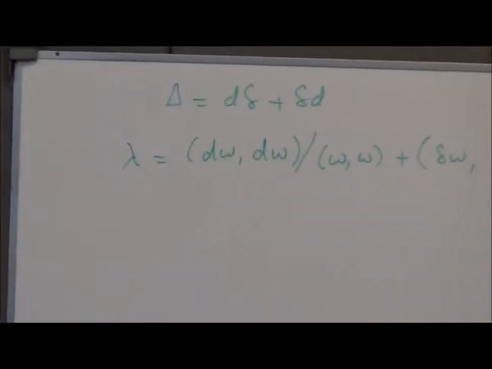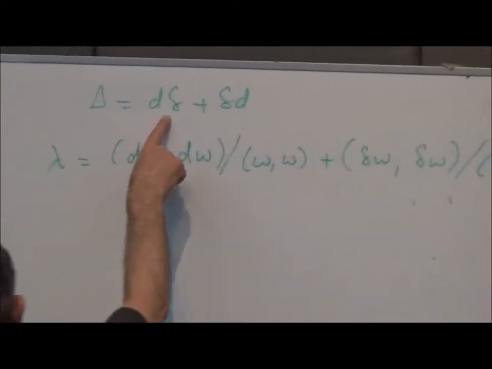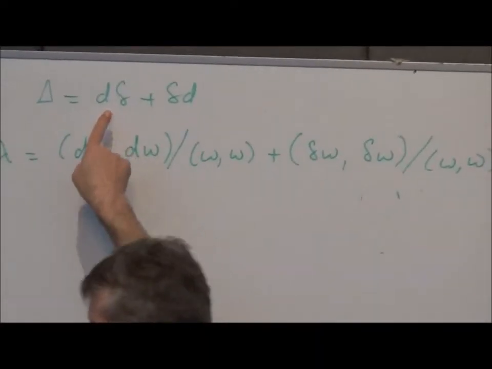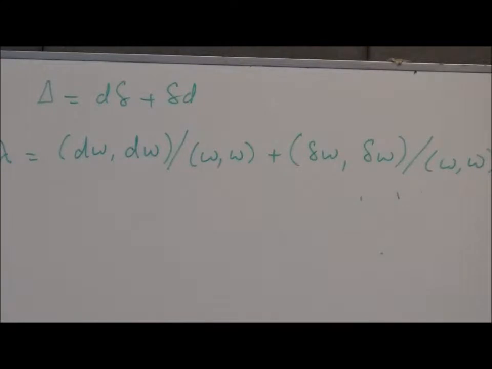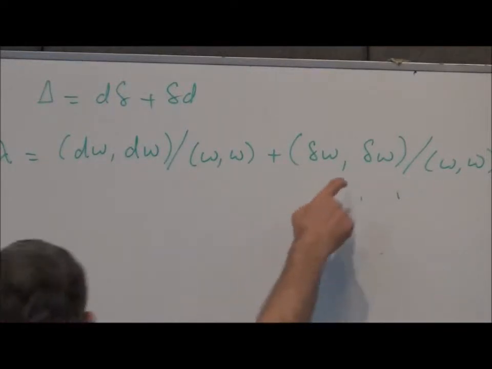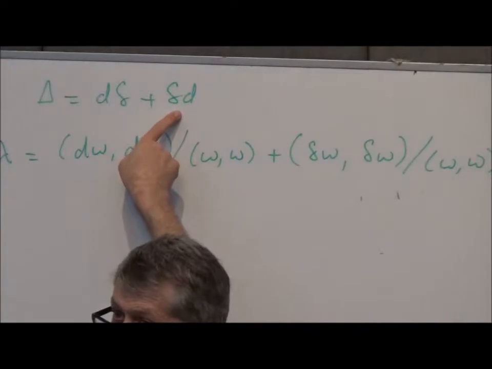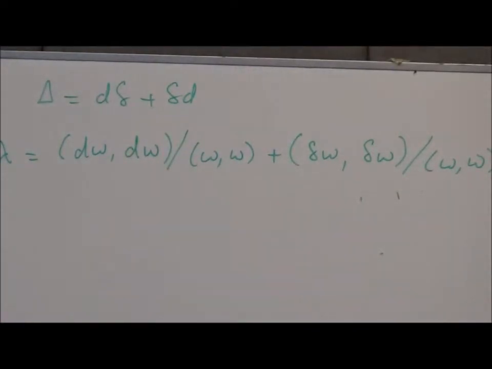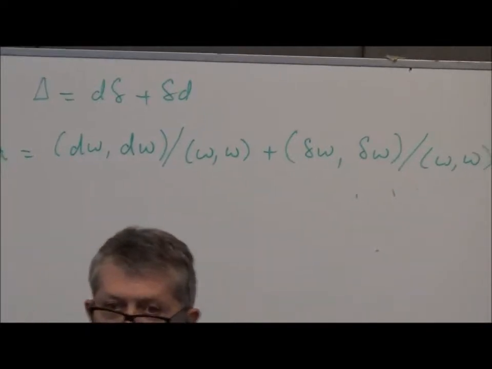Well, the answer is just put it in. Take the first term here. So I take that term and I put it here, d delta. By definition, d of anything, I can move to the other side. It becomes delta, so I get delta omega squared, which is that term there. I'll look at this term here, I get delta d. If I take the delta to the other side, sitting over here, I get d d. Yes?